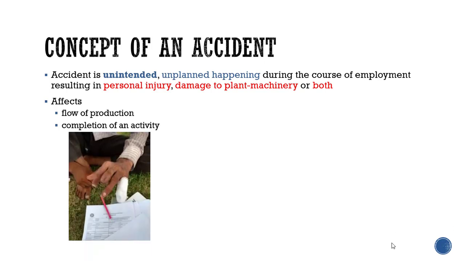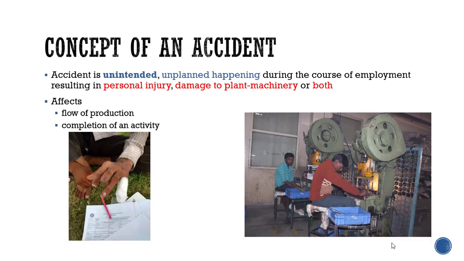So now you can see the picture. Here a person has got an injury in his fingers while he is working on a mechanical press. You can just visually see the gravity of that injury. It completely ruined a few fingers. And second, you can see two people working on a mechanical press.